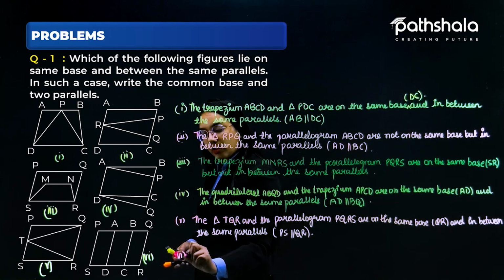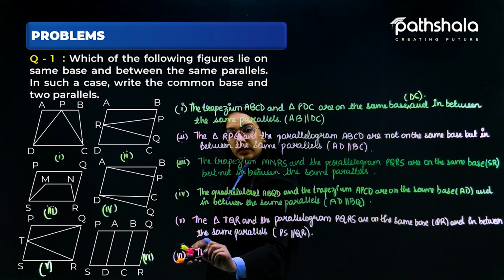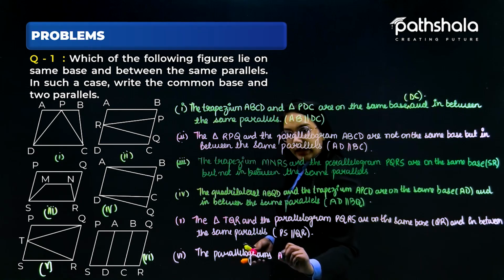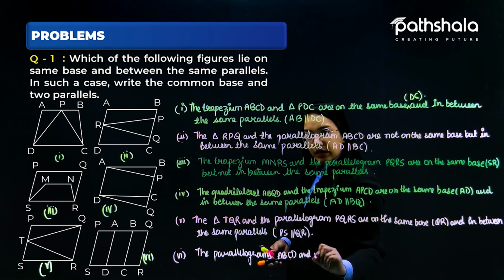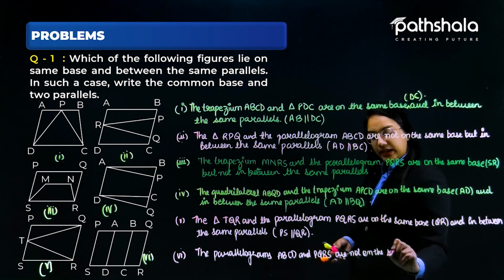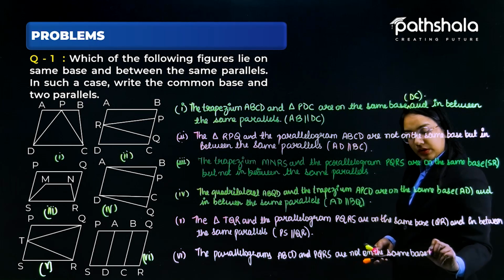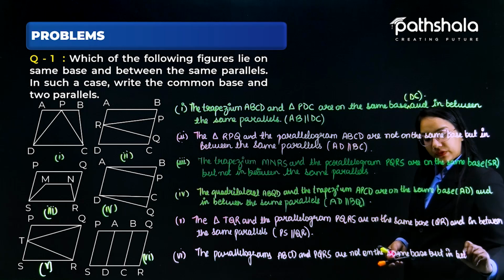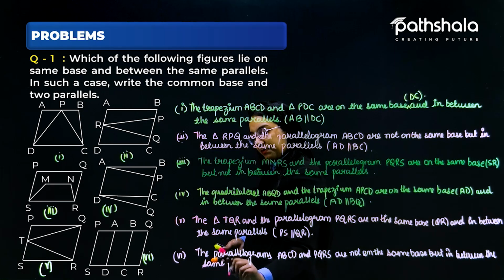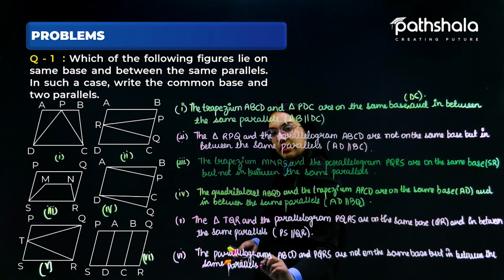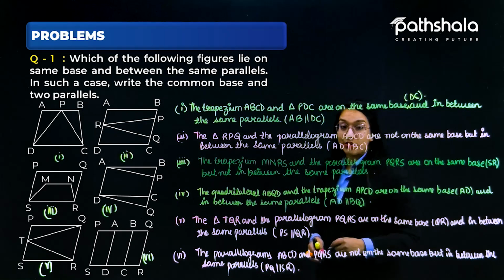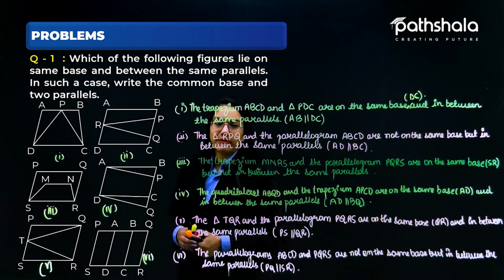Now, if I talk about the sixth part, we can say that the parallelograms ABCD and PQRS are not on the same base, but in between the same parallels, that is PQ parallel to SR. So in this way you can find such figures that are lying on the same base and in between the same parallels.